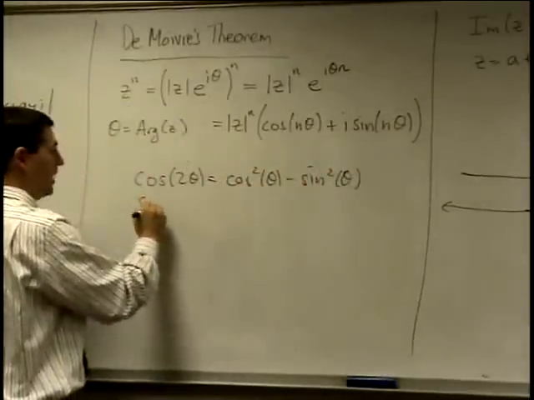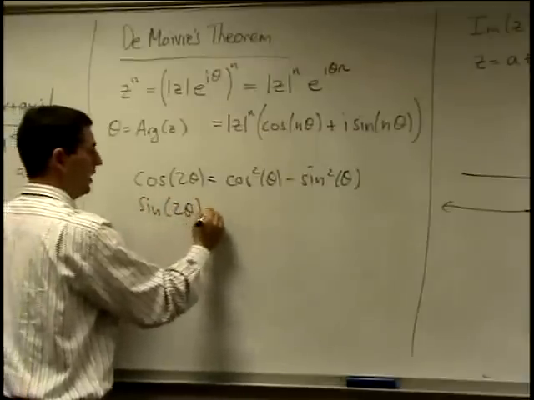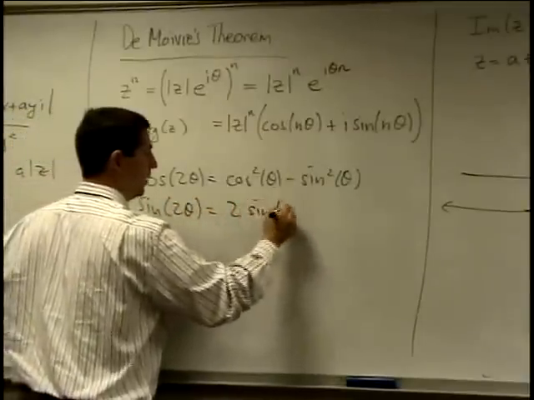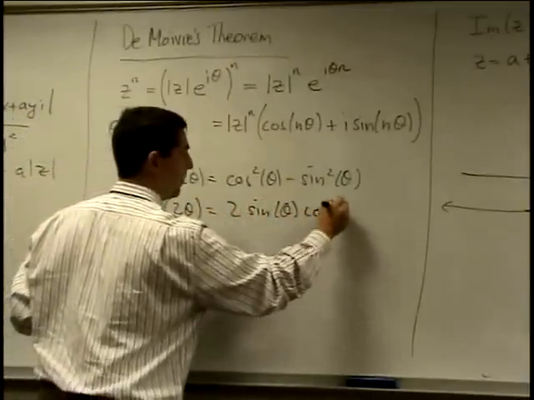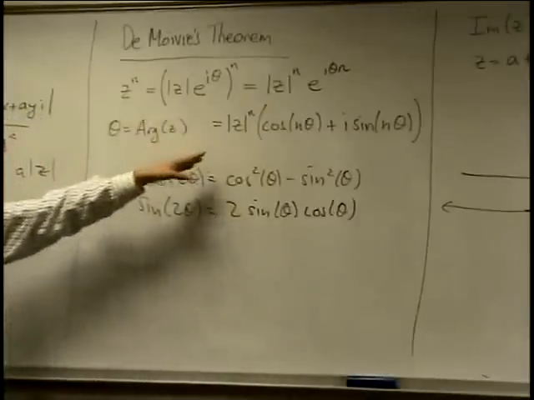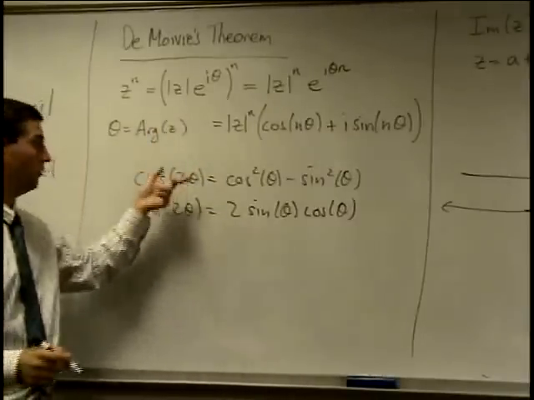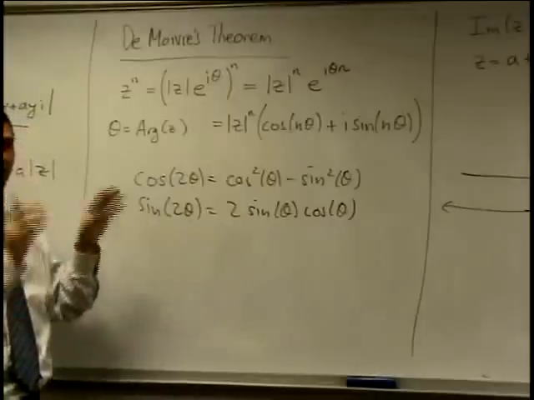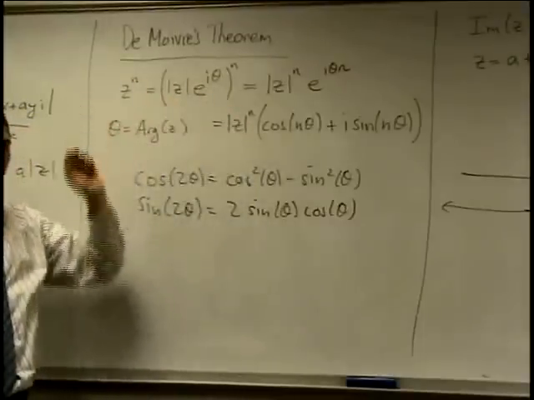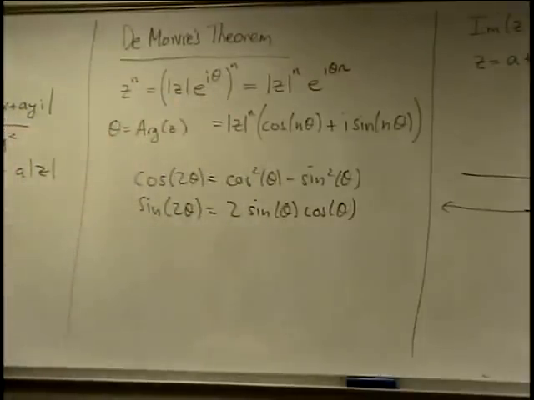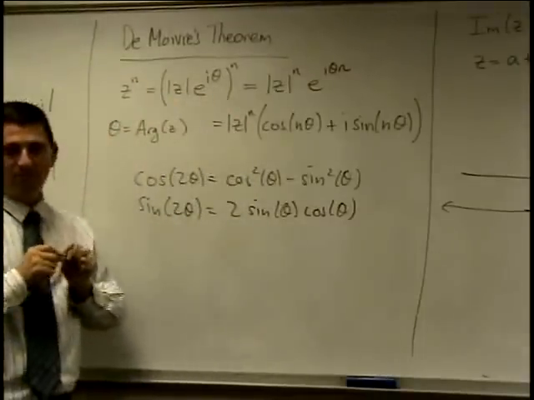And you know that sine of 2 theta equals 2 sine theta cosine theta. We're going to use this formula to come up with formulas for sine of 3 theta, sine of 4 theta, cosine of 3 theta, cosine of 4 theta in a really easy way, just using de Moivre's formula. So that's how we'll start next time. Okay, I'll see you tomorrow.